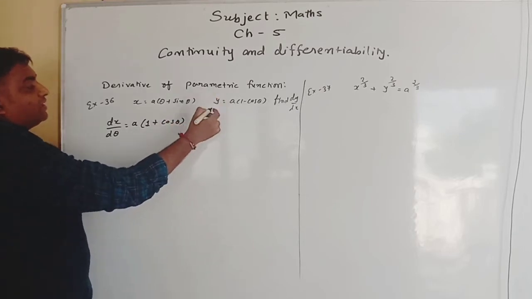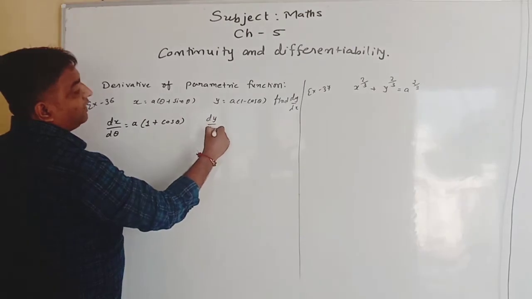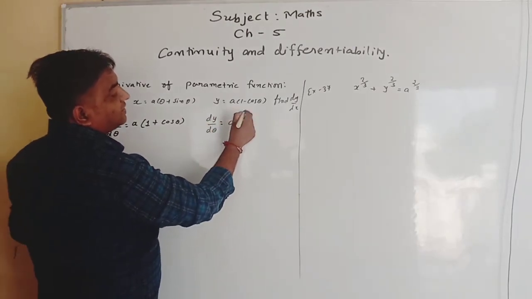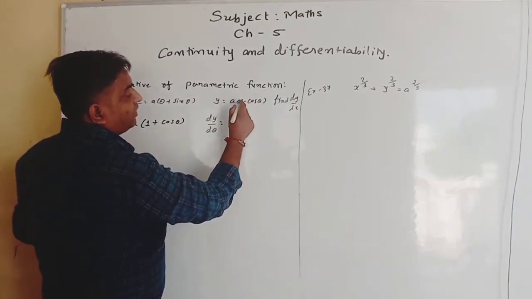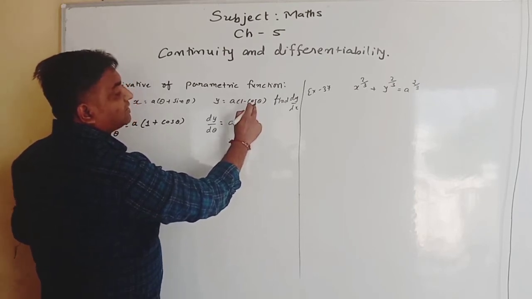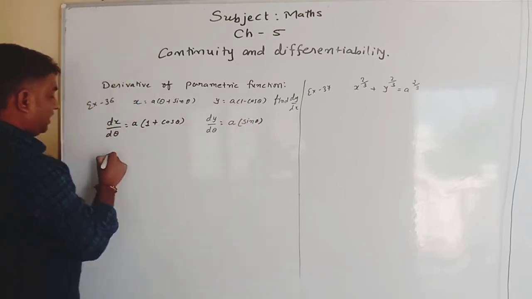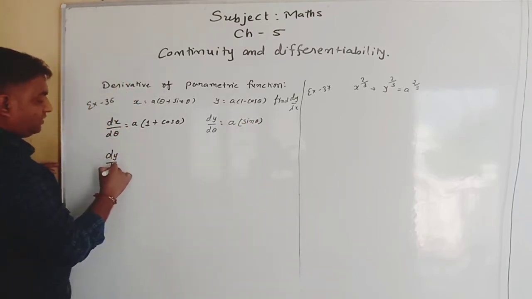For y, dy by d theta equals a as it is, and the differentiation of 1 is 0 and of minus cos theta is plus sin theta.